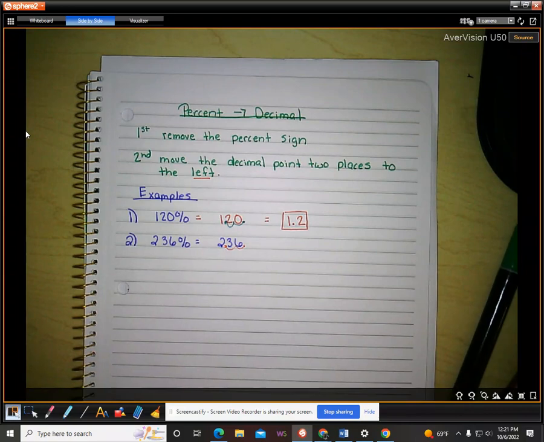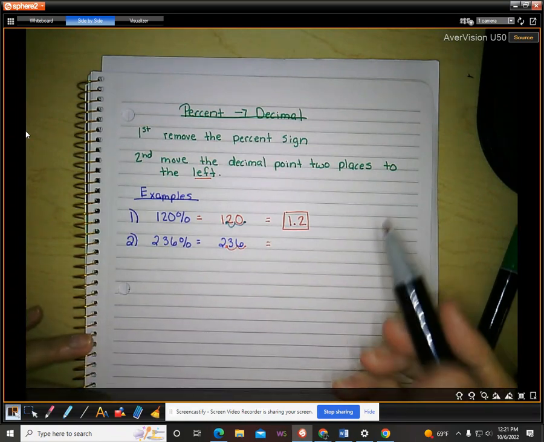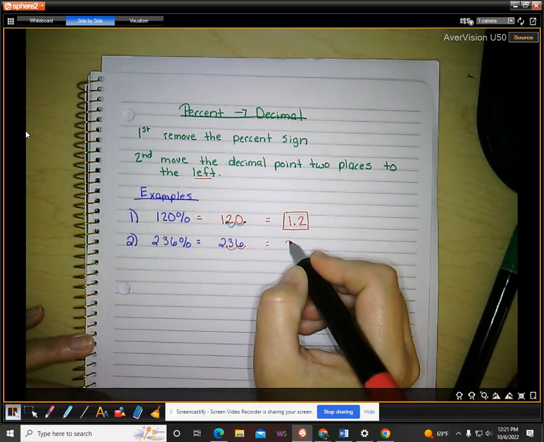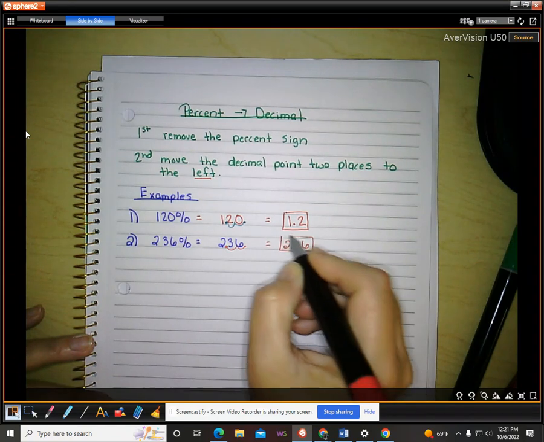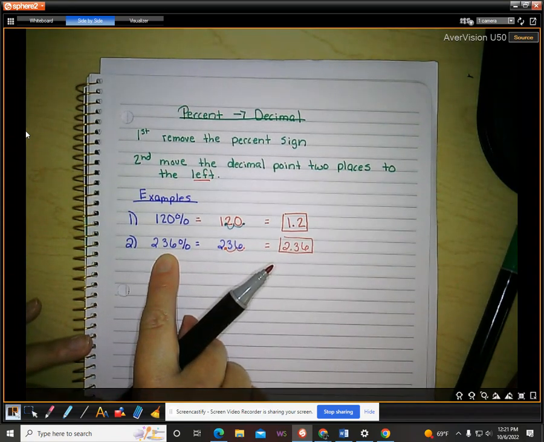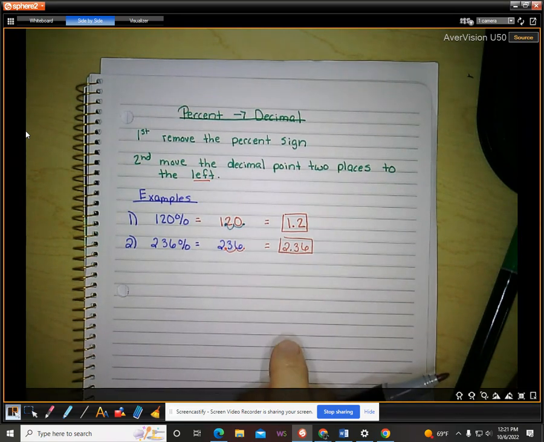So what is 236% as a decimal or as a number? Mateo? Perfect. Greater than 100% must be bigger than 1. Okay?